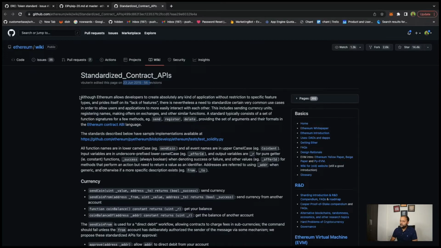So what he mentioned was that although Ethereum allows developers to create absolutely any kind of application without restriction to a specific feature or type, and prides itself on its lack of features, there is nevertheless a need to standardize certain very common use cases, right? In order to allow users and applications to easily interact with each other.